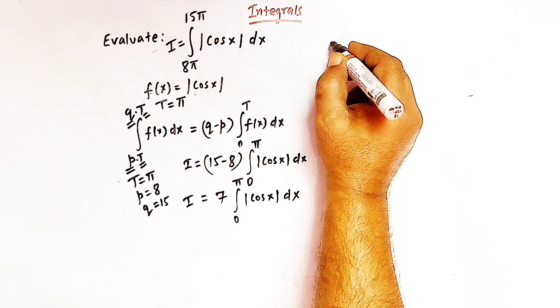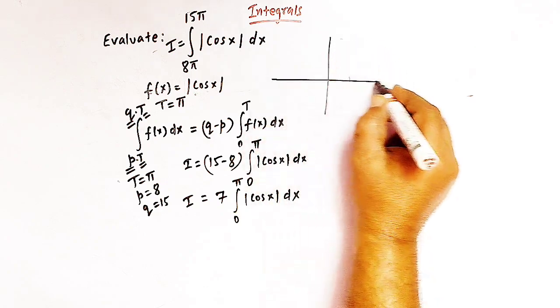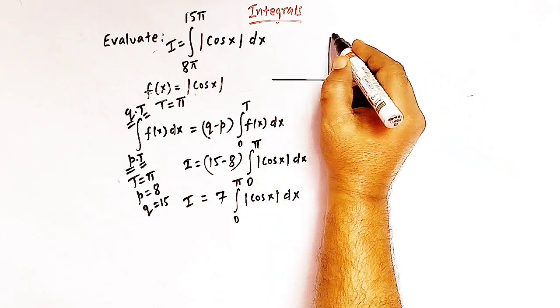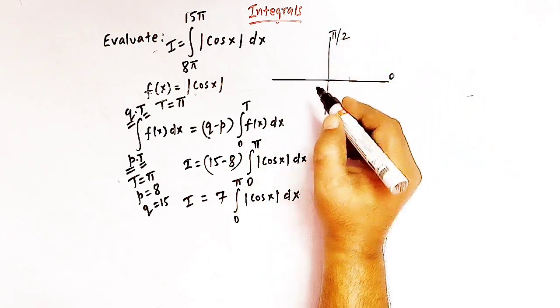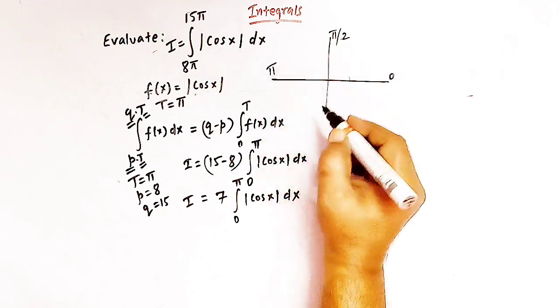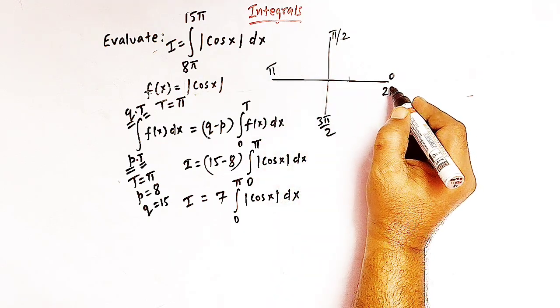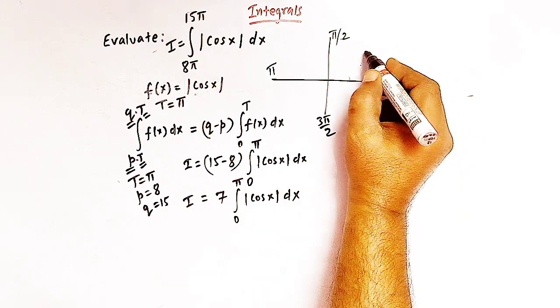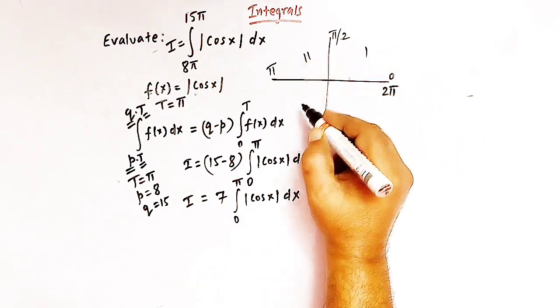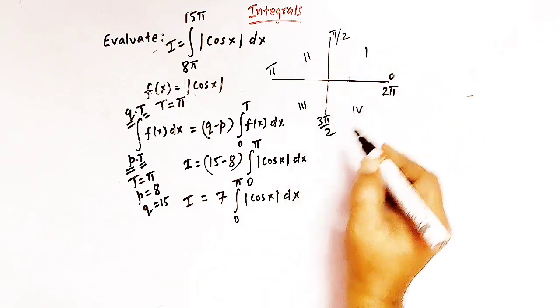Now see, if we have the four quadrants, here we have 0, here we have pi by 2, and then we have pi, this is 3 pi by 2, and here we have 2 pi, right? So this is the first quadrant, this is second, this is third, and this is fourth.